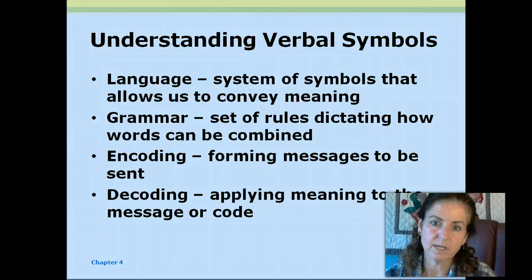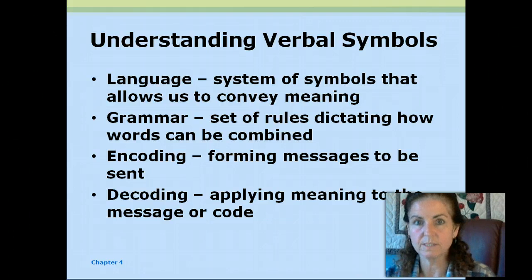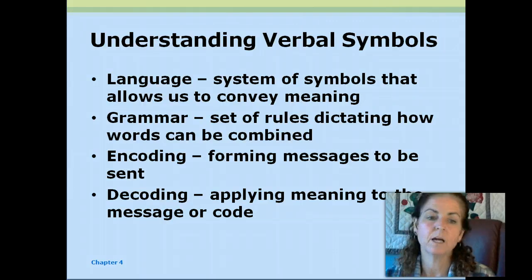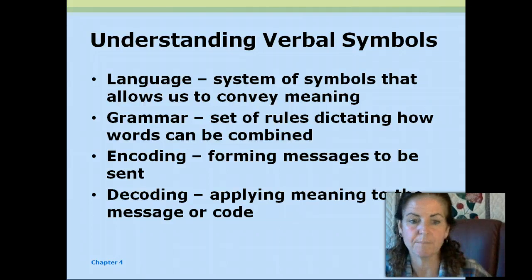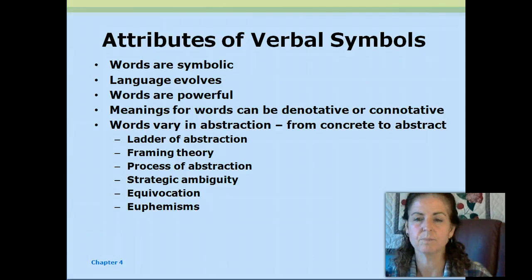Grammar, of course, has a lot to do with how it's used or combined. Encoding and decoding: typically speakers or senders are the ones that encode, and the people who receive or interpret are the decoders, and they're the ones to extract the meaning out of what is said, out of the words.